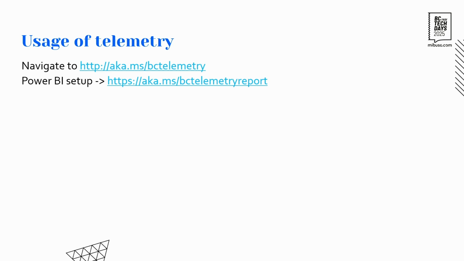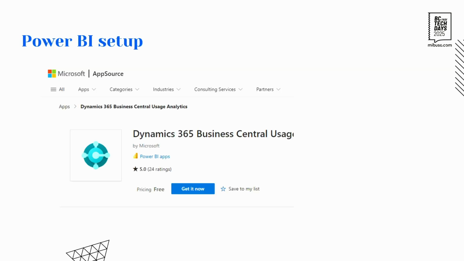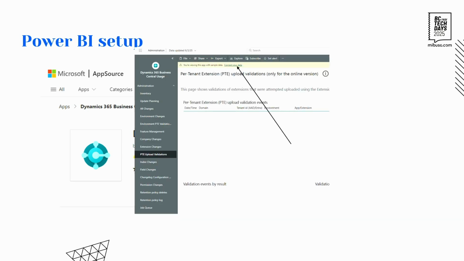So here's a few tips how to set it up. The first link is just a general help, how to use it, how to set it up and all that. The second one brings you to this page. And this is the app that you need for Power BI to show the report of your App Insights telemetry. It's simple to set up. Just follow the guide. Once you have it installed, it shows a lot of demo data. Have a look at that first.